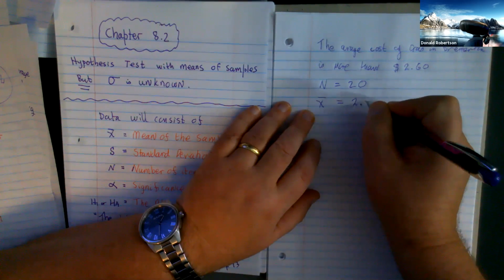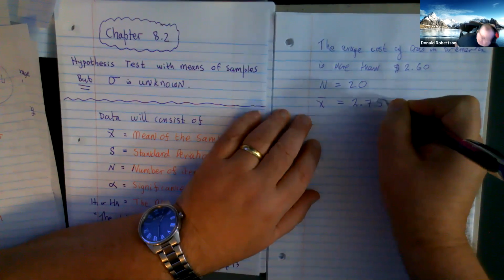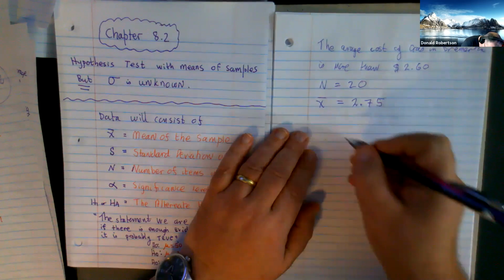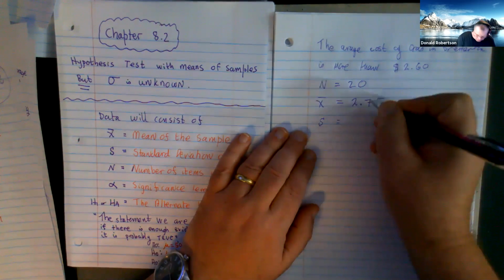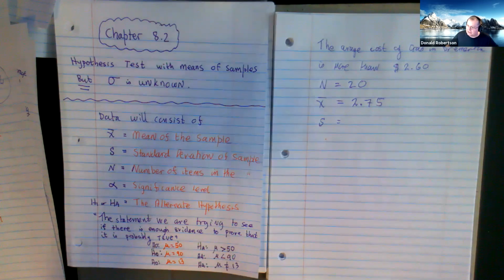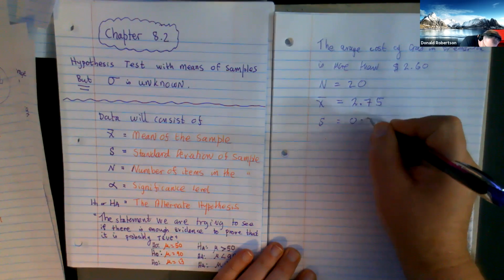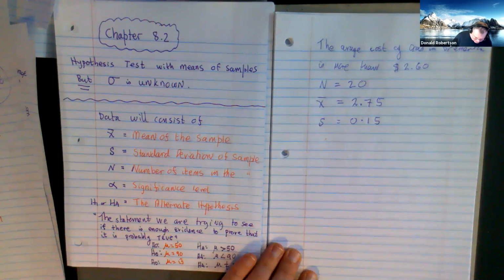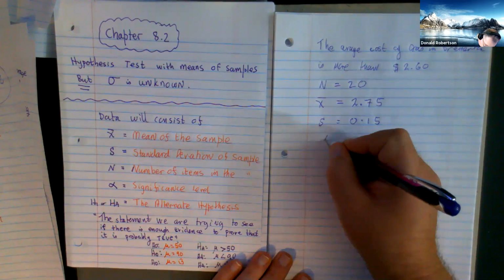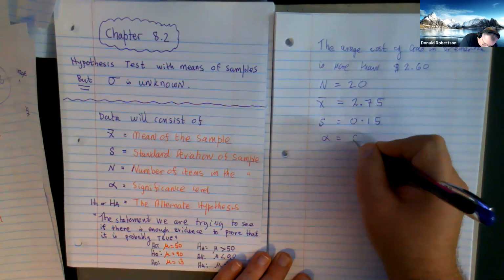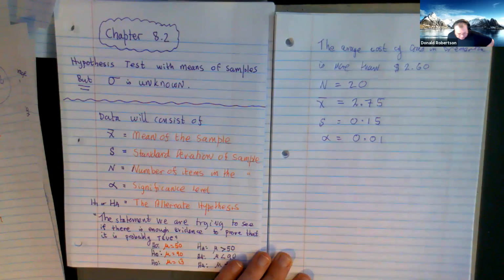And let's just say it was $2.75, like Chris said. And I'd get the standard deviation. If you've got 20 numbers, you can always get the mean and standard deviation using your calculator also. And let's say that the standard deviation was 15 cents. And I am going to use a significance level of that guy.